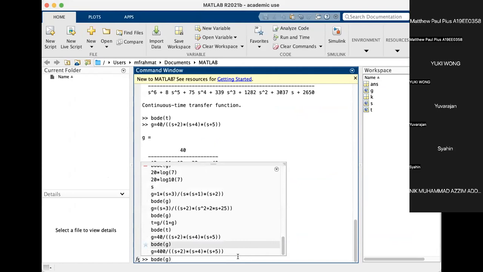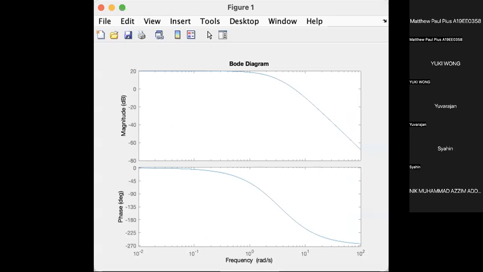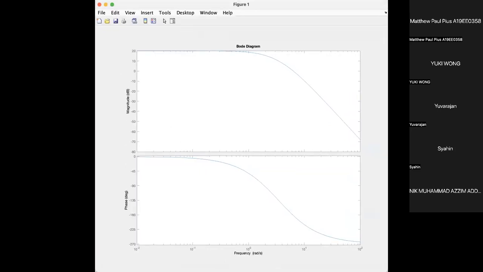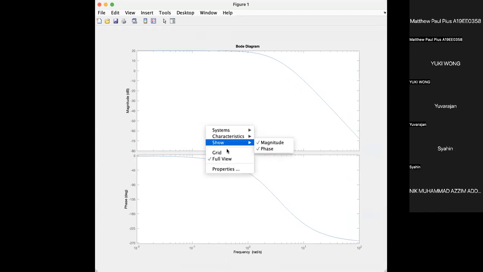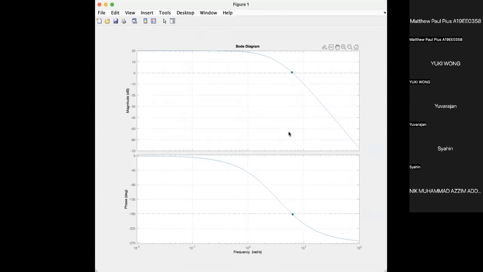Then we bode G. Put the grid and find the stability, all stability margins. So you can see here.